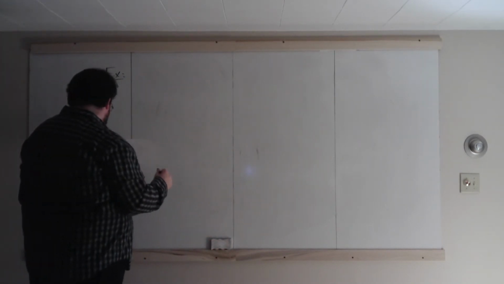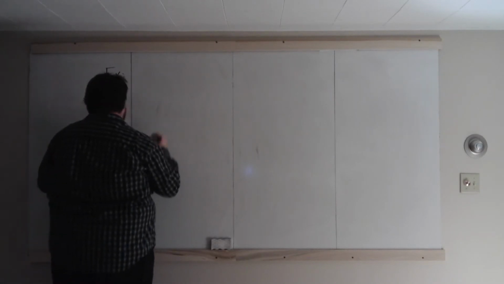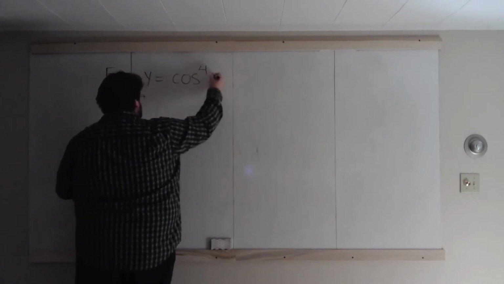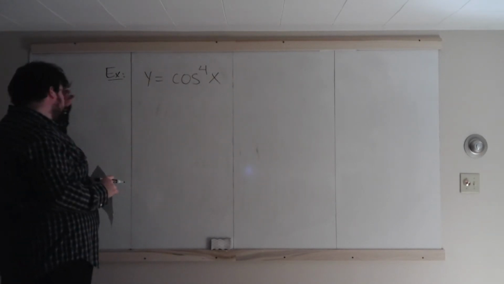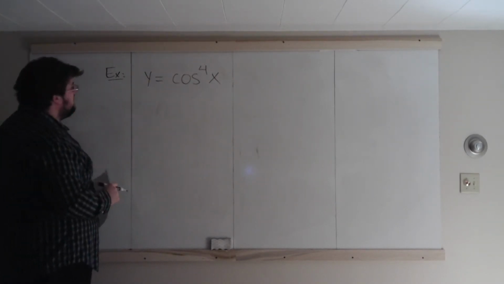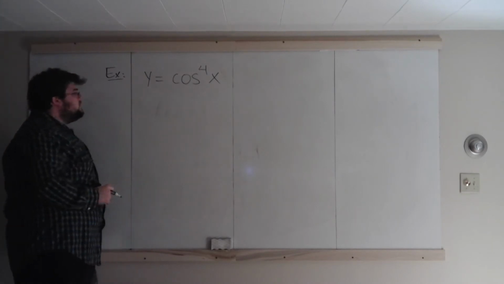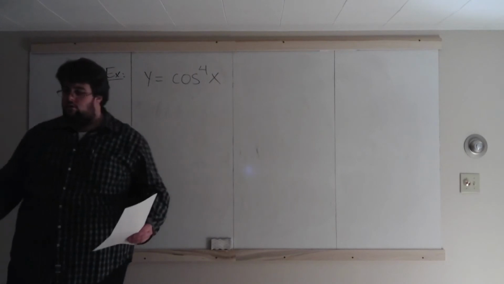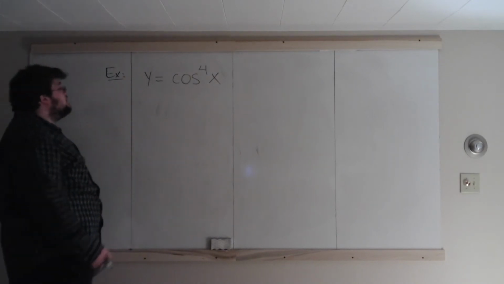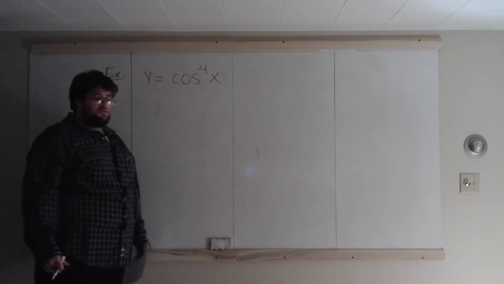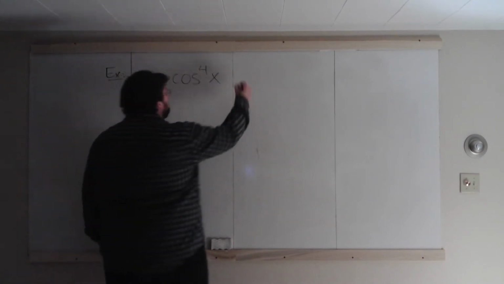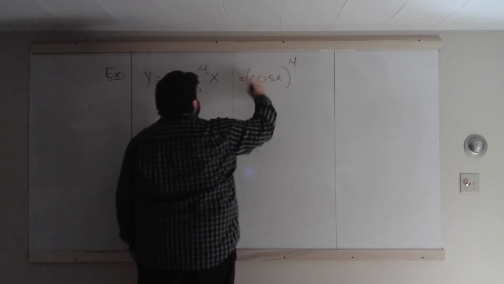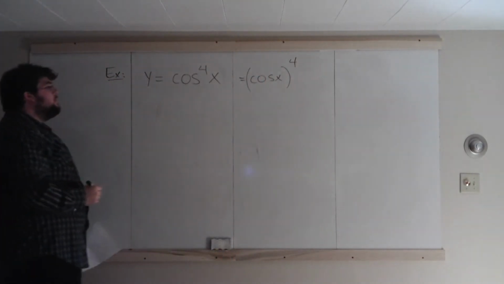Next, how about this one? Find dy/dx. Cosine to the 4th of x. Well, what is this function? This function, cosine of x to the 4th, cosine to the 4th of x, is a function all to the 4th power.